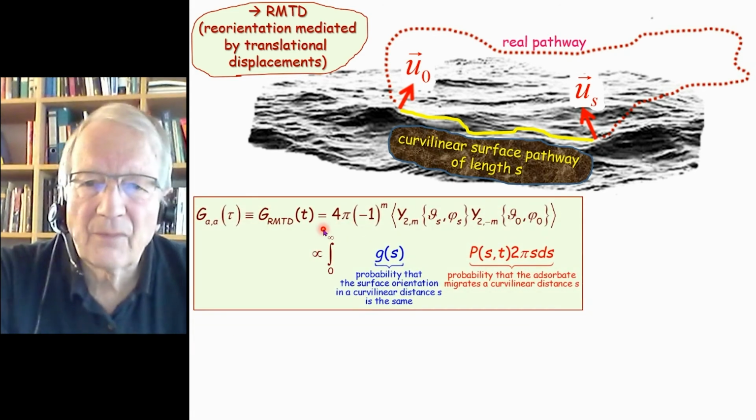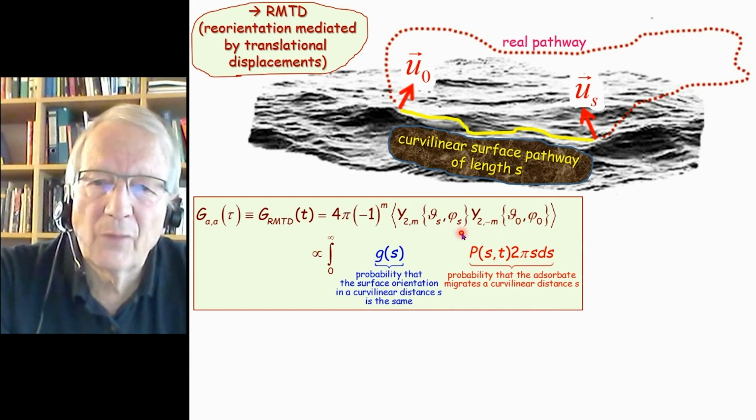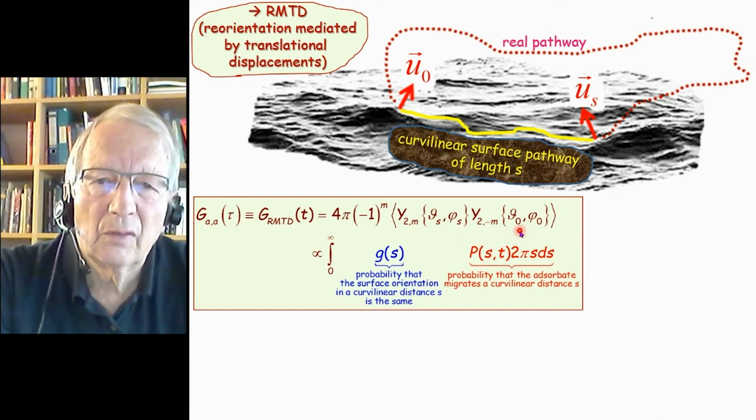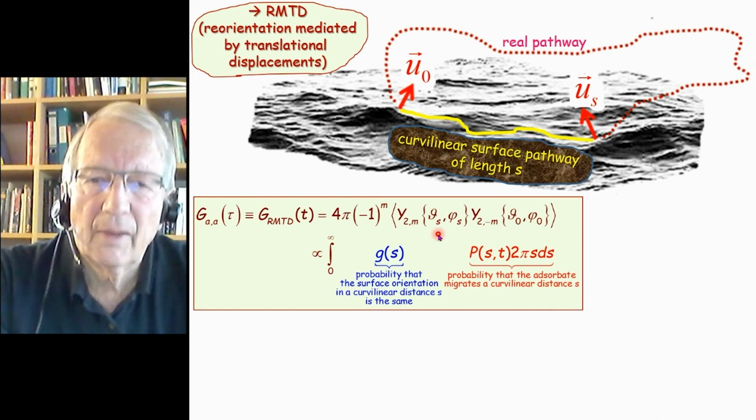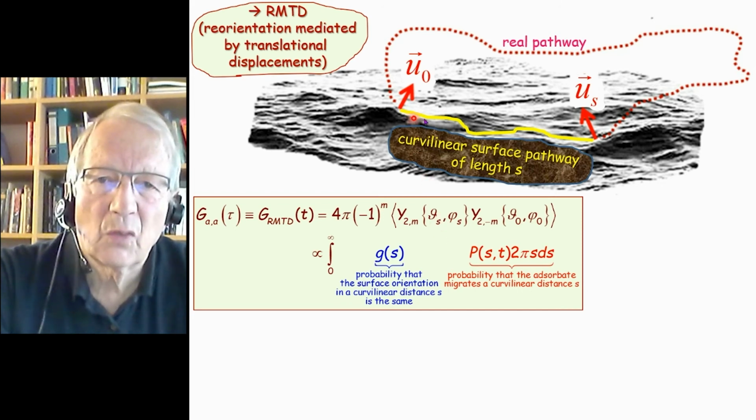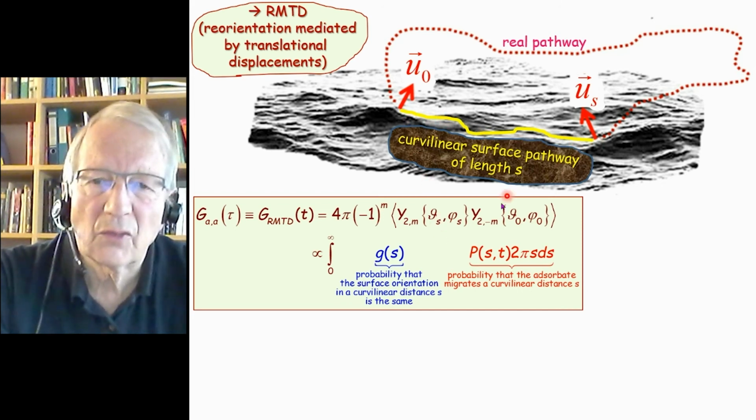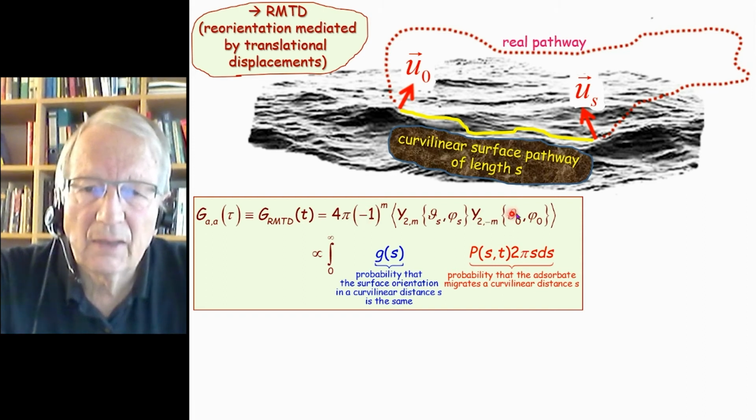Okay, so when we form the correlation function as usual, now we have the subscript 0 and S. 0 means initially, and S means at a curvilinear distance s along the surface. And we can analyze this expression by a surface correlation function.